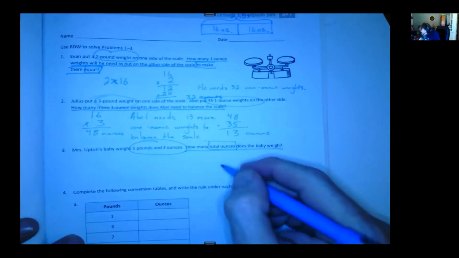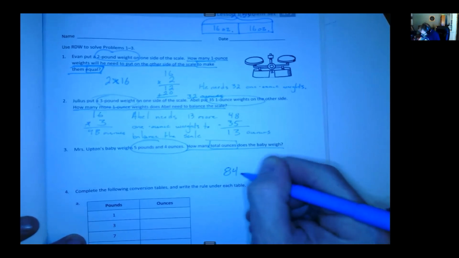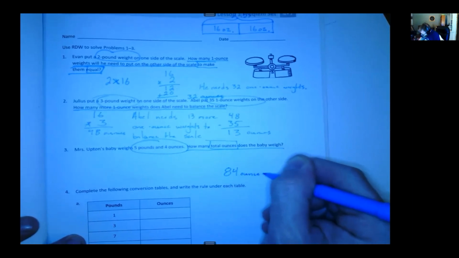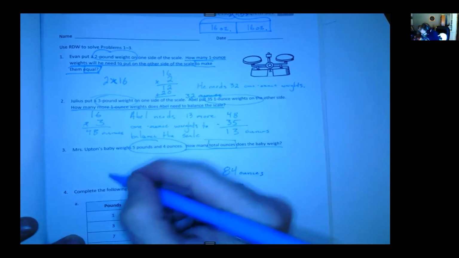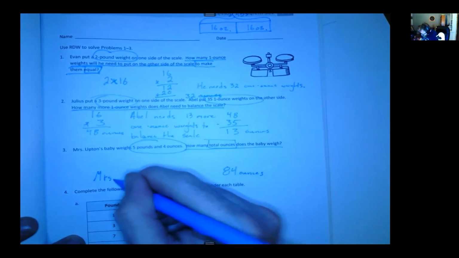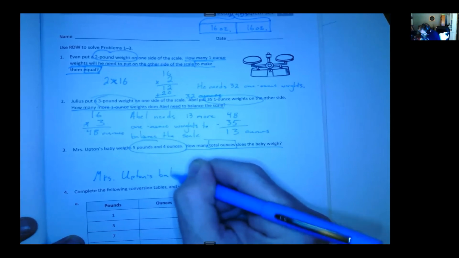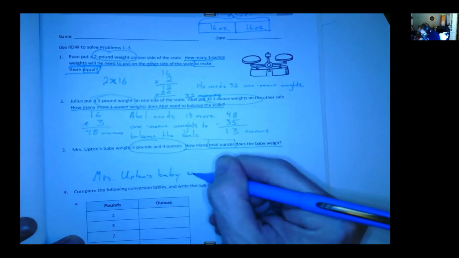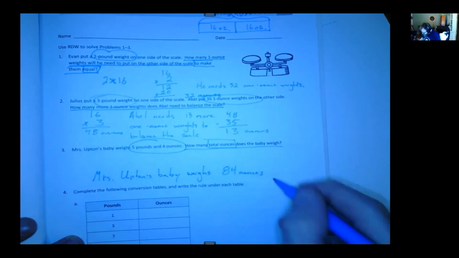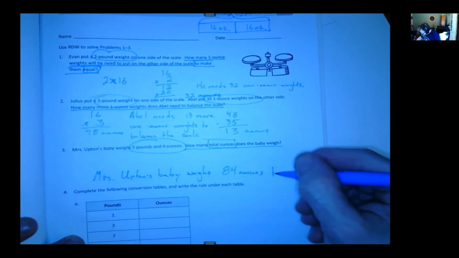So we need to add 80 plus 4, 84 ounces. Mrs. Upton's baby weighs 84 ounces total.